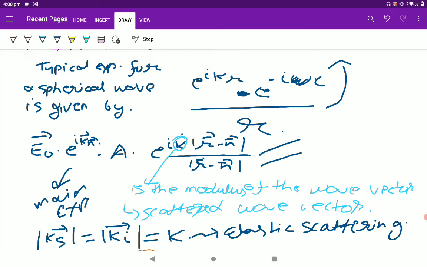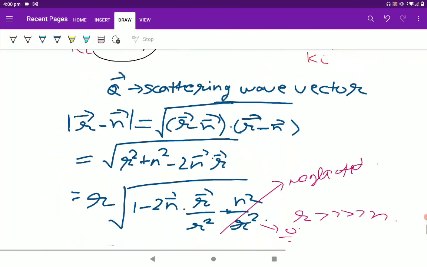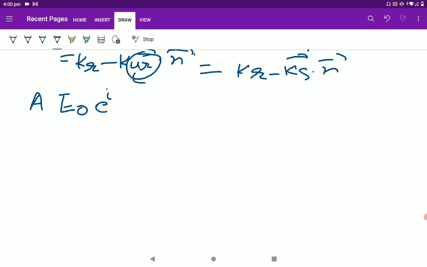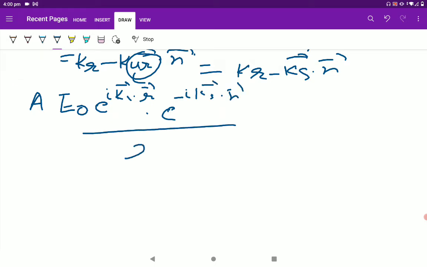After putting the value in this expression, the amplitude of the scattered wave, or the spherical wave, is given by A naught, e to the i ki r vector, multiplied by e to the minus i ks dot n vector, divided by r.